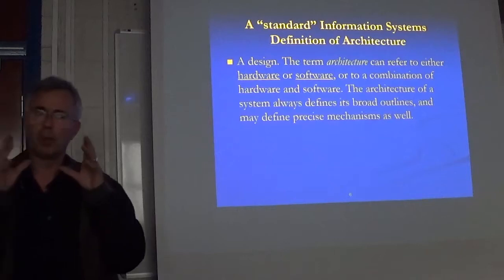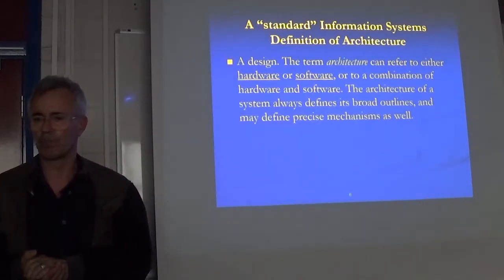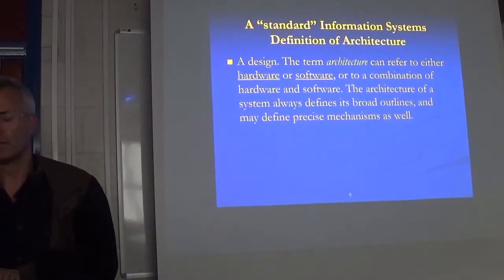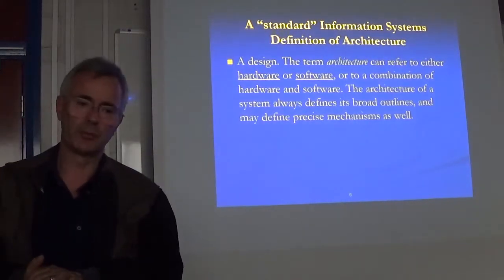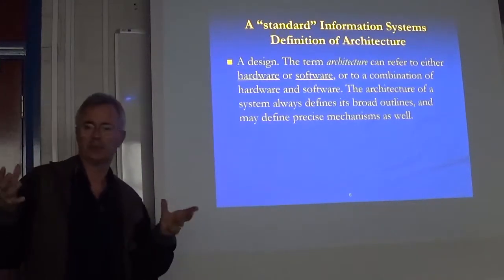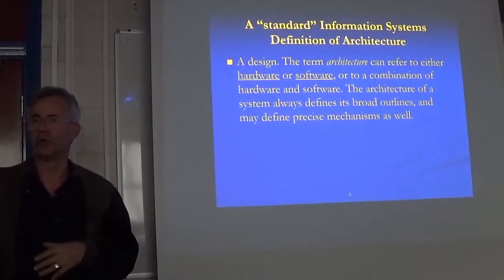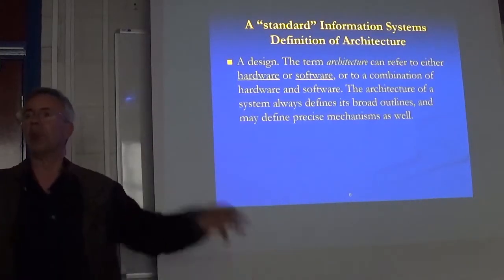Now let's start by thinking at the very beginning. If you think about some of the classic definitions of architecture, it's about the way that things relate to each other in terms of the hardware or the software, the computing bit.